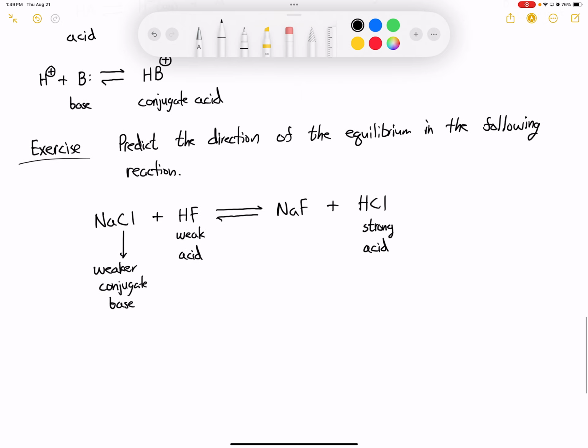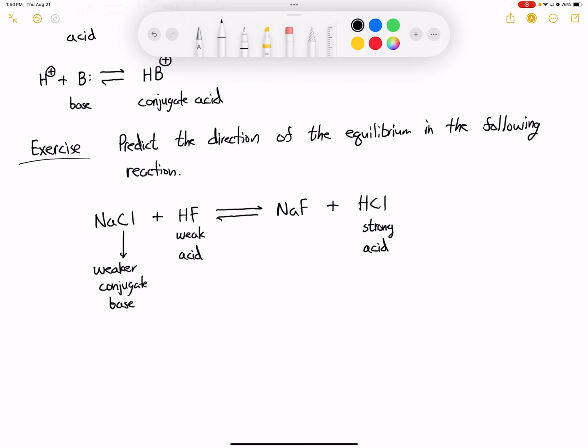All right. And how about fluoride? Well, we have a weak acid in HF. So compared to HCl, what can we say about fluoride? Stronger conjugate base or weaker conjugate base? Stronger, because HF was weak, right?